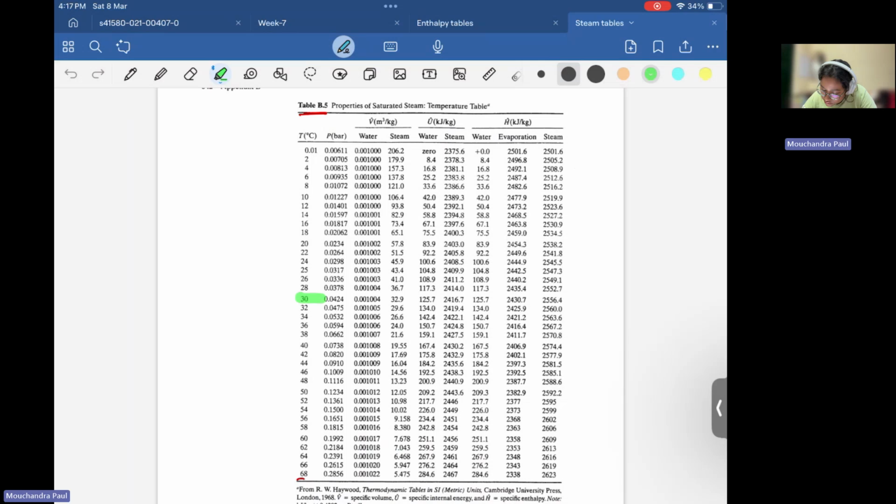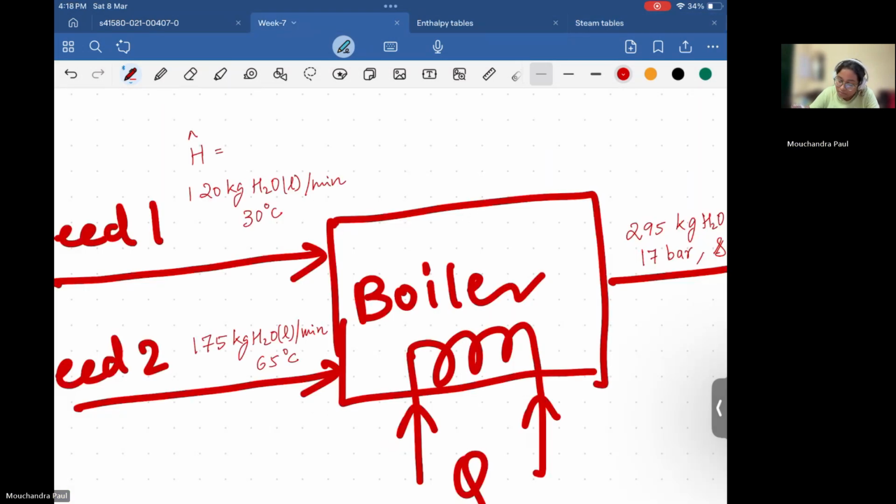So we have to take the enthalpy value of water at 30 degrees Celsius, which is 125.7 kilojoule per kg.